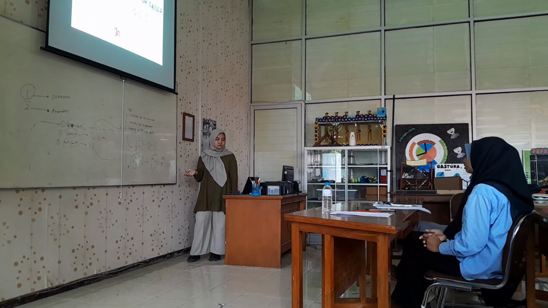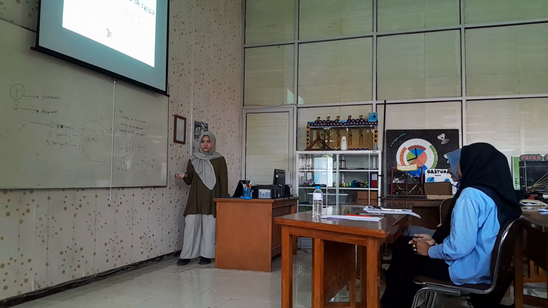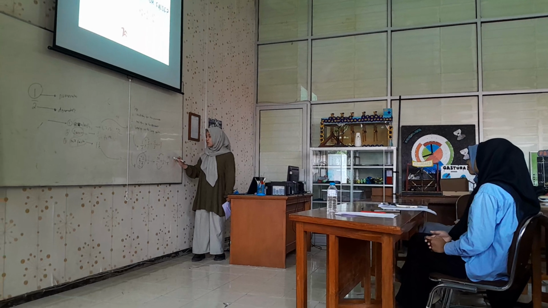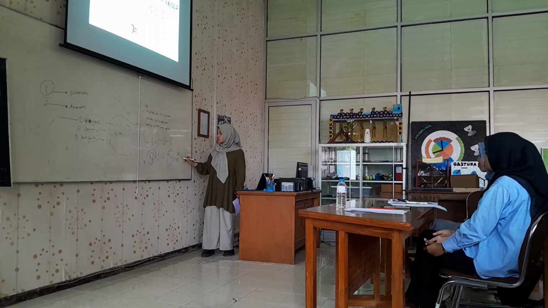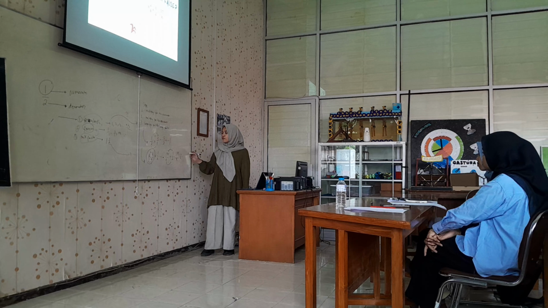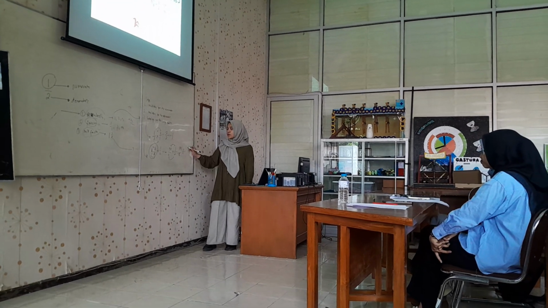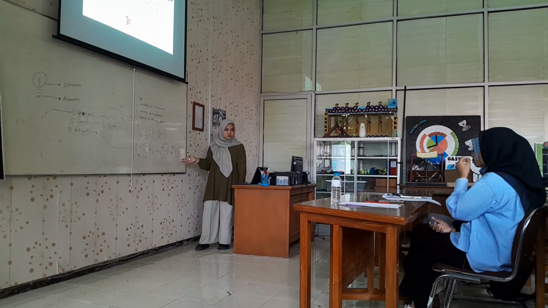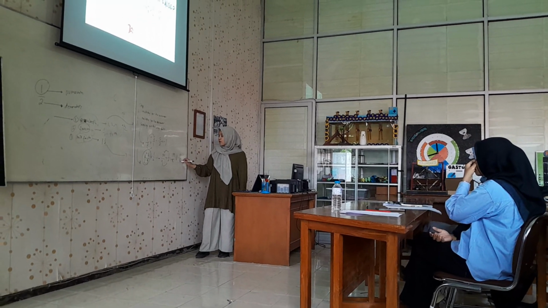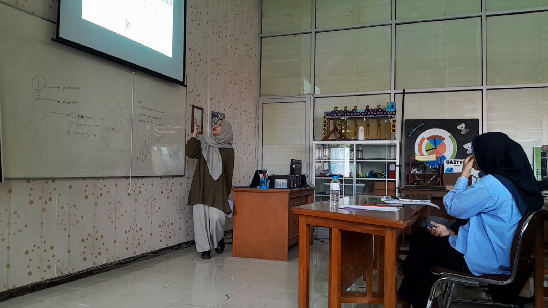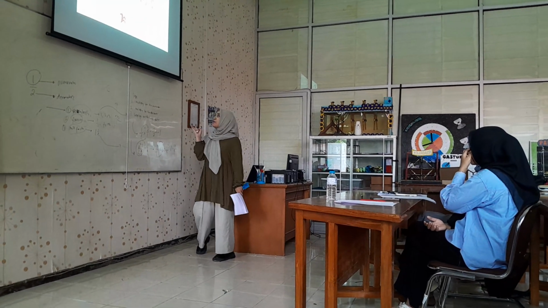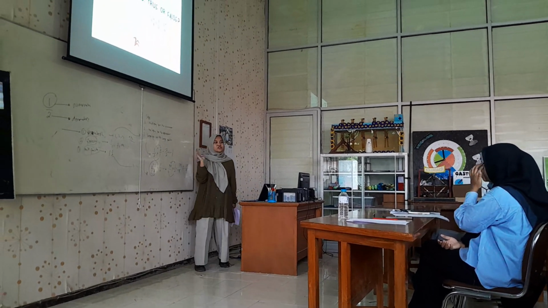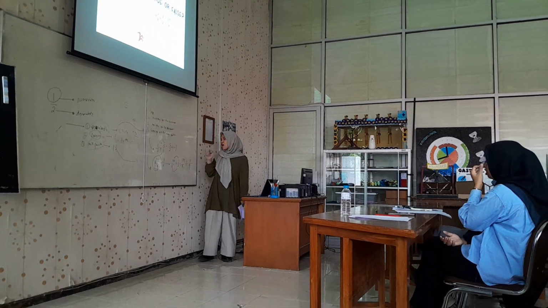Yes. All of them are divided by 2. 34 divided by 2 is 17, and 8 divided by 2 is 4. Is that correct, that it equals 17 over 8? Okay, so the answer is false.